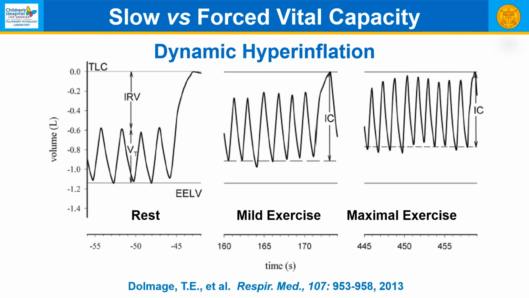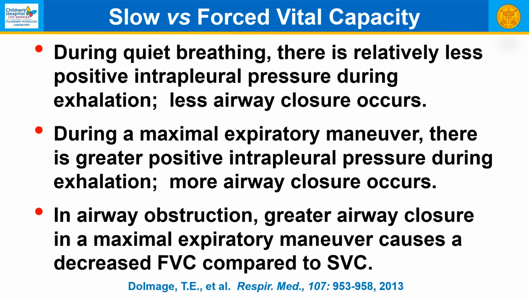And you can see that in this particular individual with dynamic hyperinflation, when this person exercises, i.e. breathes faster, the inspiratory capacity is less, meaning that there's more hyperinflation, more residual volume, or more FRC actually. And then at maximal exercise, there's a significantly decreased inspiratory capacity.